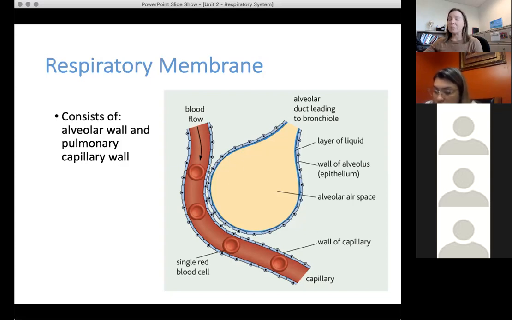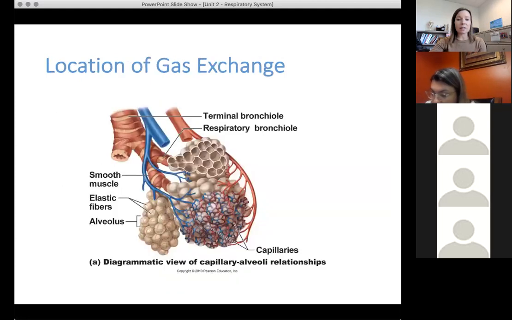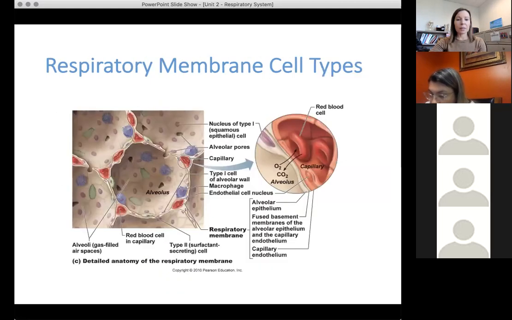There are 3 different types of cells in the wall of an alveolus. On this diagram, you can see type 1 alveolar cells. If you look at this diagram, it's all these tan cells.